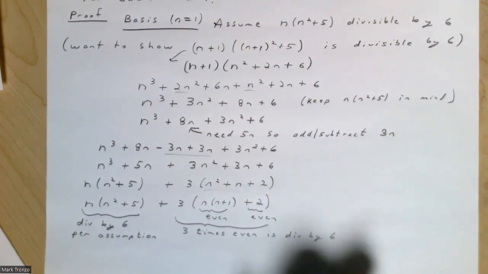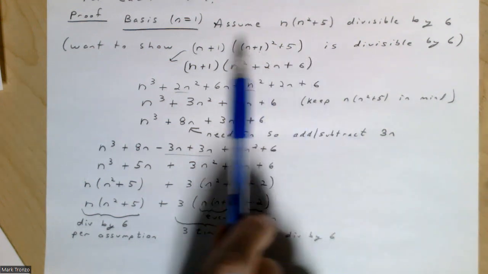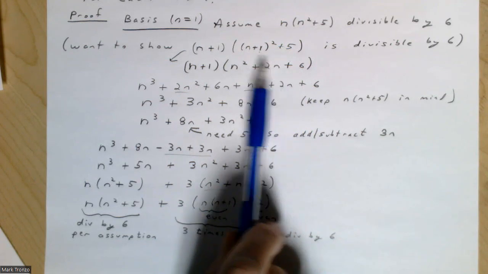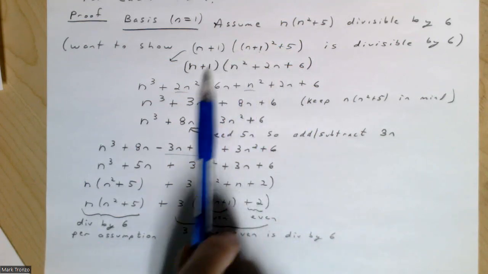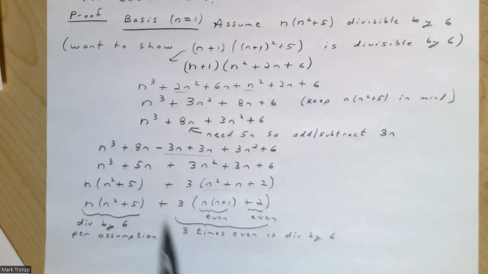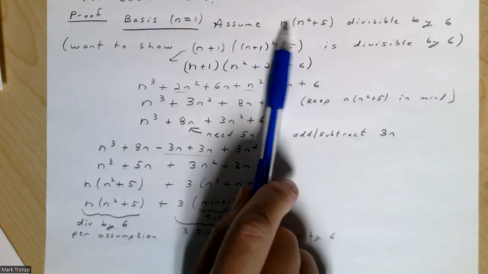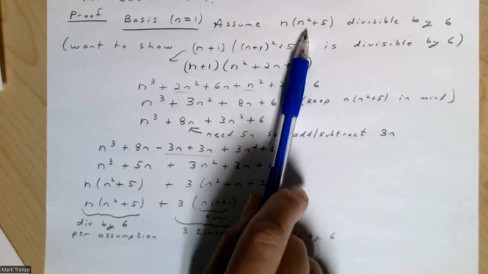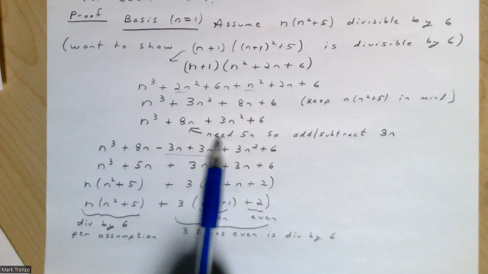This one took a little bit more work. As before, we're always looking to start with what we want to show is divisible, and then try to work in our assumption somewhere. So when we got to this point here, we knew we wanted to get this in here somewhere. So that's why we rearranged this a little bit.